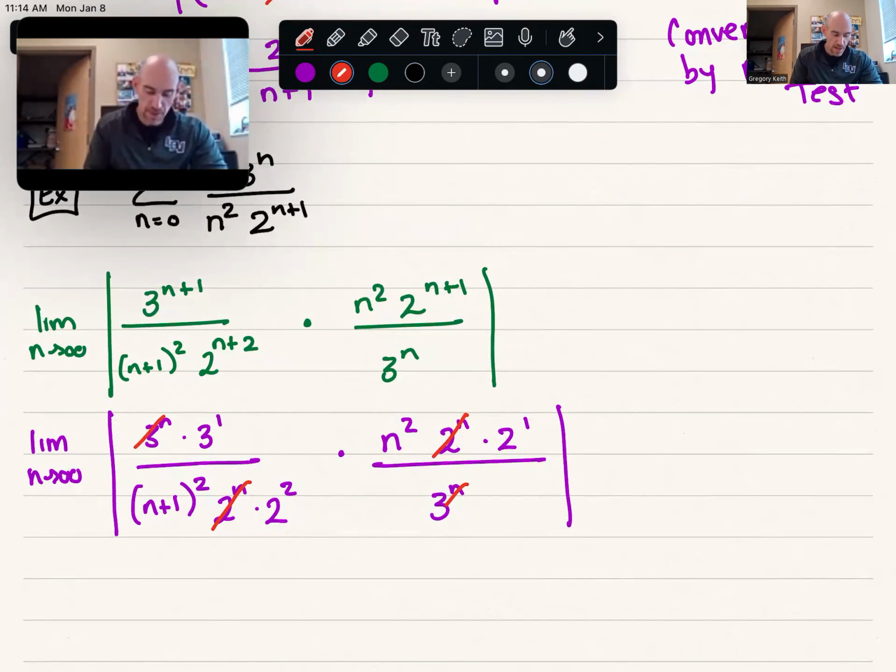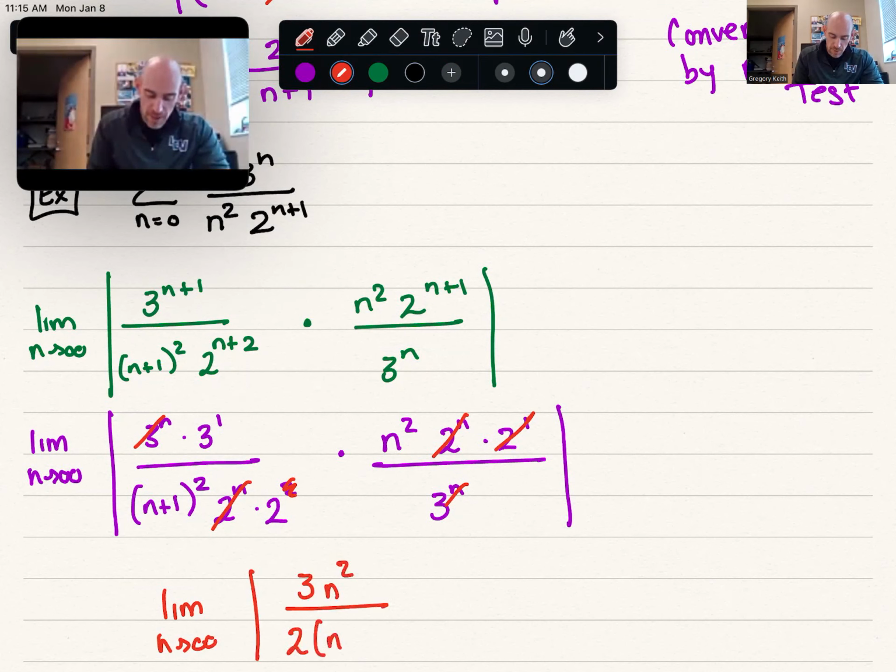And then what we end up seeing here, I have 2 to the first over 2 to the second. Well, that gets rid of one of the 2s. So now if you look at what's left, we have the limit as n goes to infinity. We have a 3 still, we have an n squared, and we have a 2 and an n plus 1 squared.